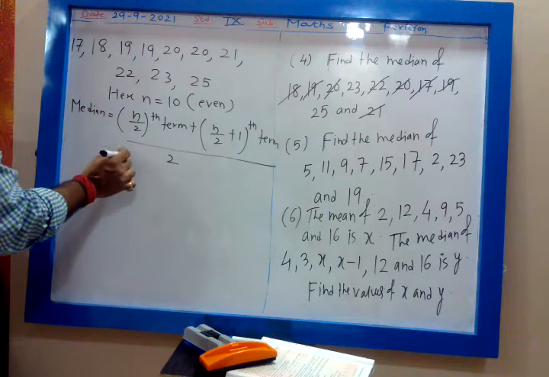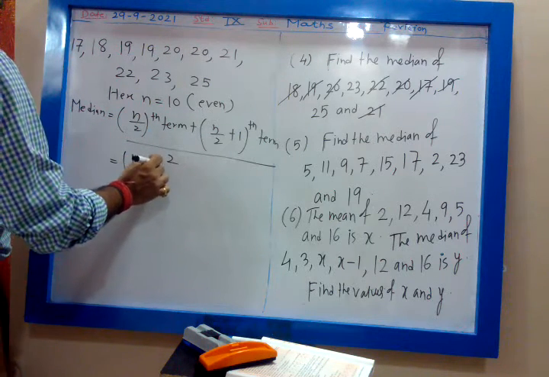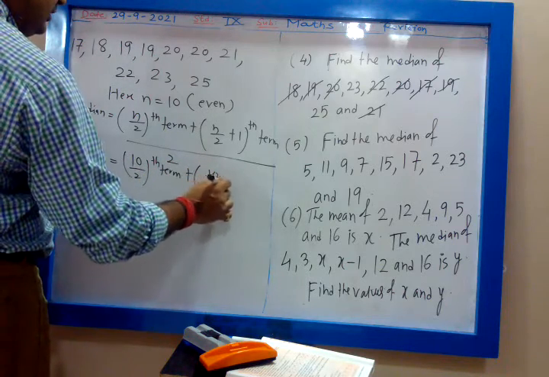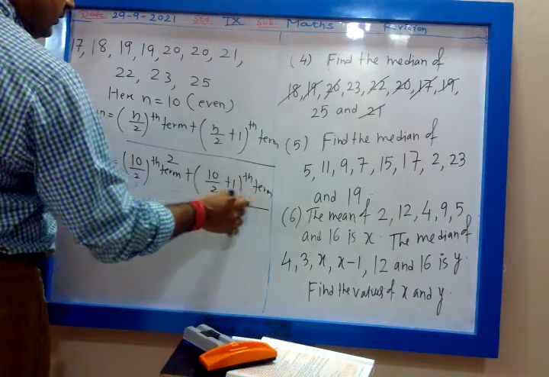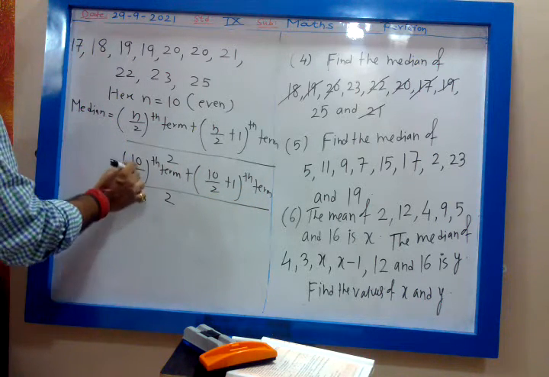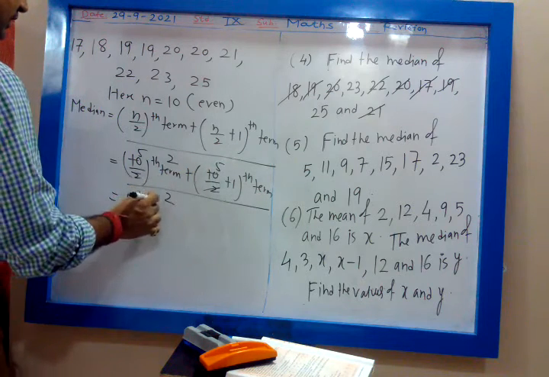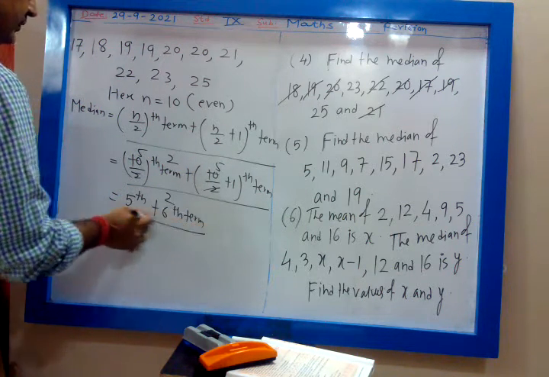So n is 10. So 10 by 2th term plus 10 by 2 plus 1th term divided by 2. So that will be the 5th term plus the 6th term divided by 2.